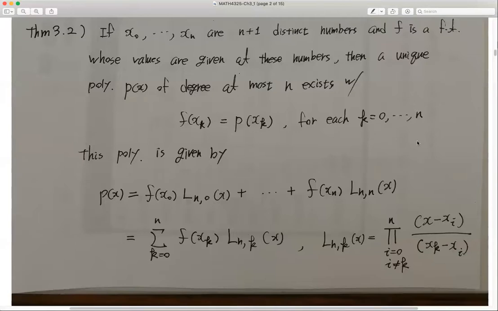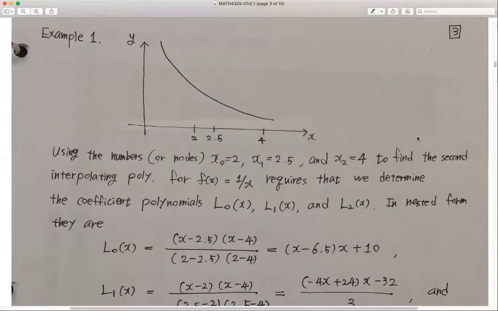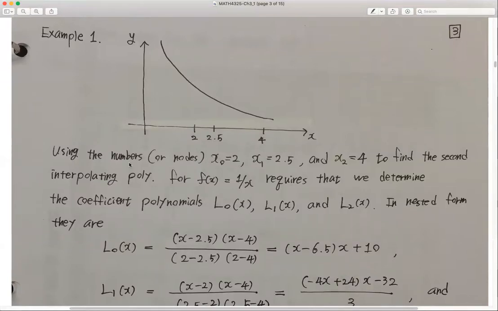Let me give one more example. Example one, this is in the textbook. Using the numbers or nodes x naught, x1, x2 equal to 2, 2.5, 4, find the second degree interpolating polynomial for f of x equal to 1 over x.